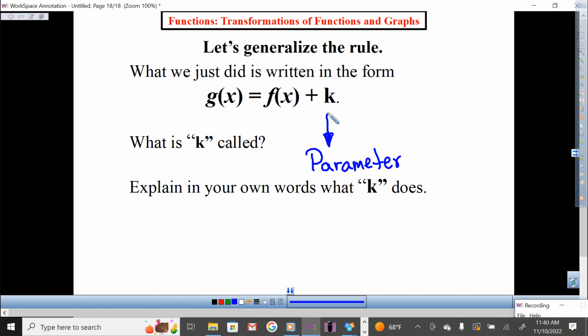Juan, what does it do? It moves it in which direction? Up or down.